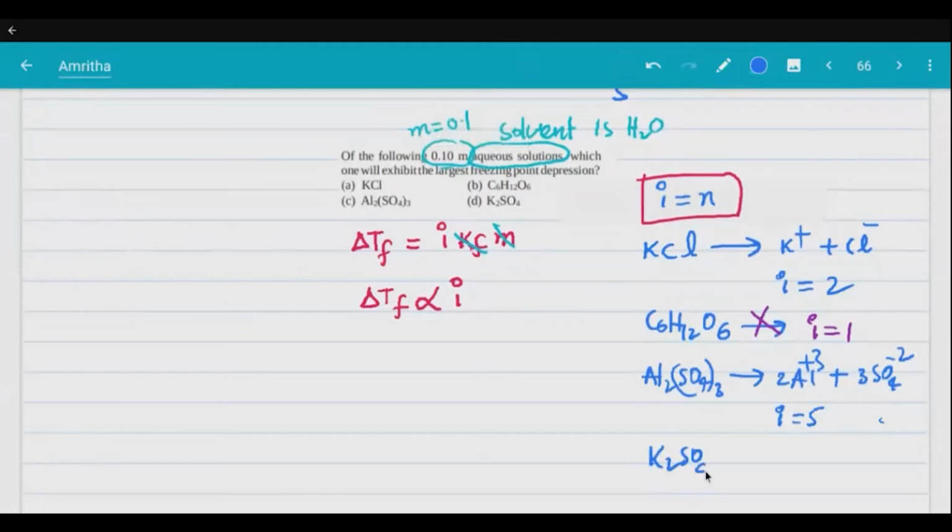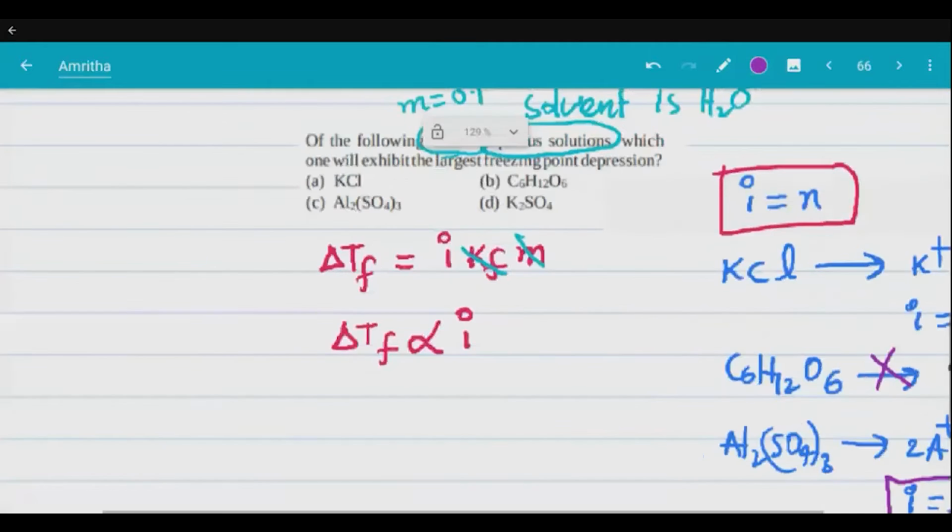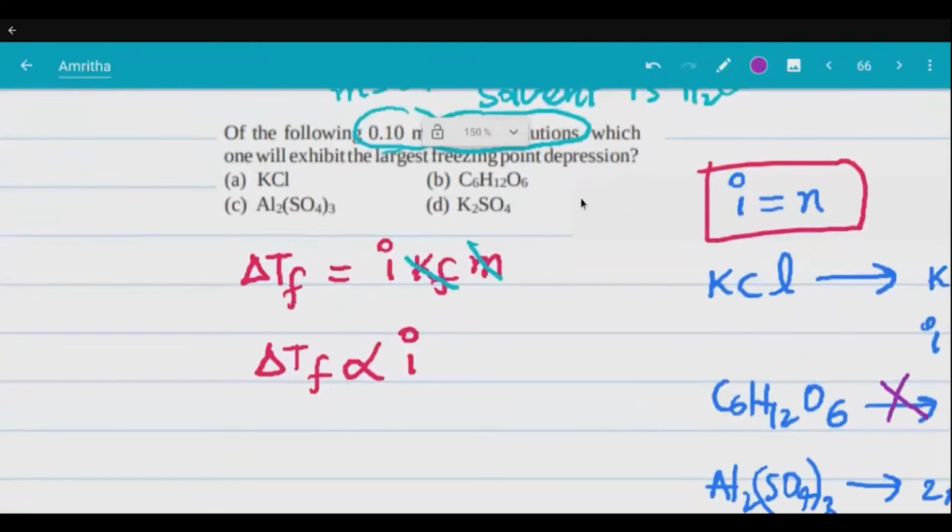How many ions are there? 2K+ plus SO4 2-. i is equal to 3. So where is i maximum? i is maximum here, i is equal to 5. So if i is maximum, then delta Tf is maximum. Clear? So what is the correct option now?